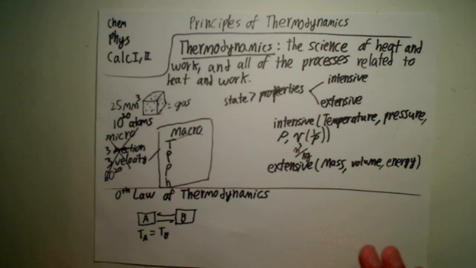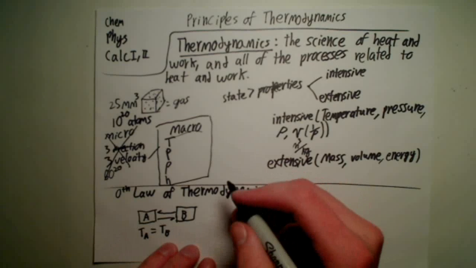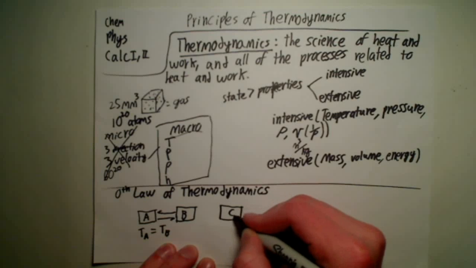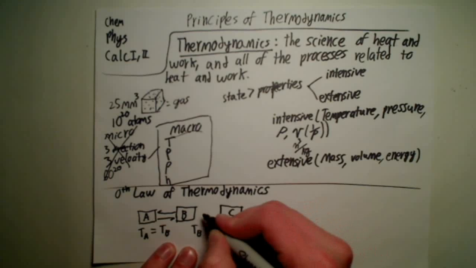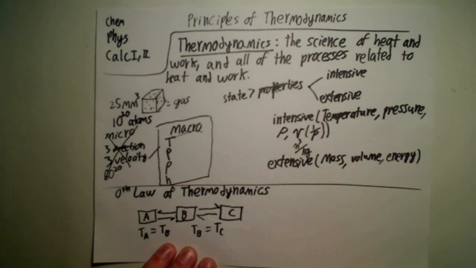They don't have to be touching or whatever, but they have the same temperature. And let's also say there is some body C. And we know that the temperature of B equals the temperature of C. So there's another little connection between these two bodies. They have the same temperature.